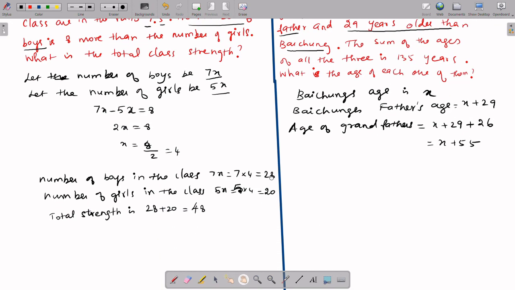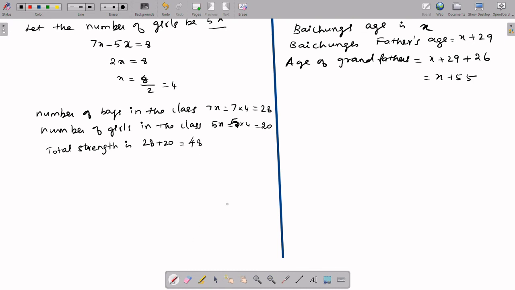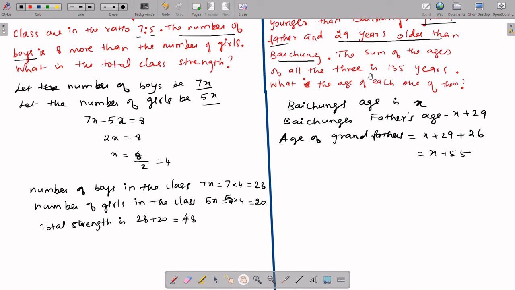And then what is our condition? The sum of all the ages is equal to 135. So by the given condition, we add all the ages: x plus x plus 29 plus x plus 55 is equal to 135.